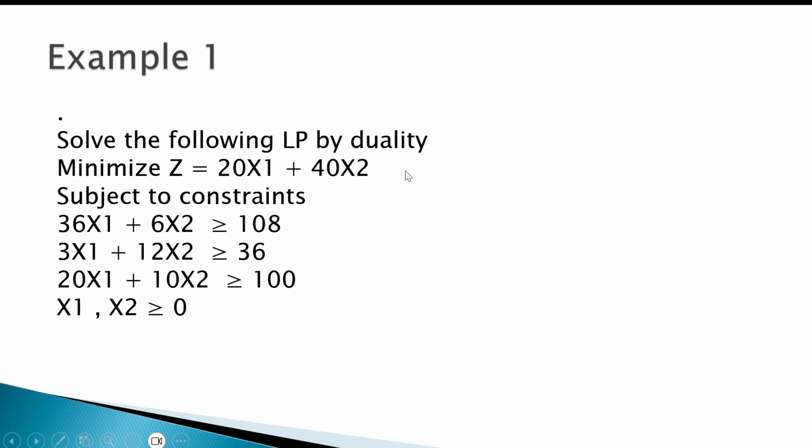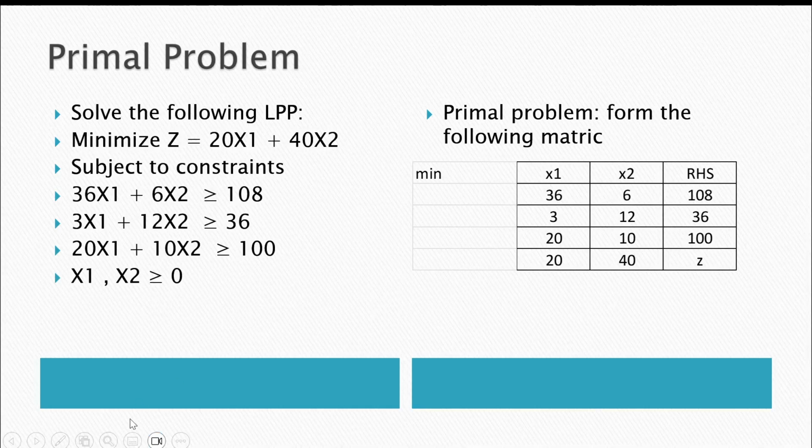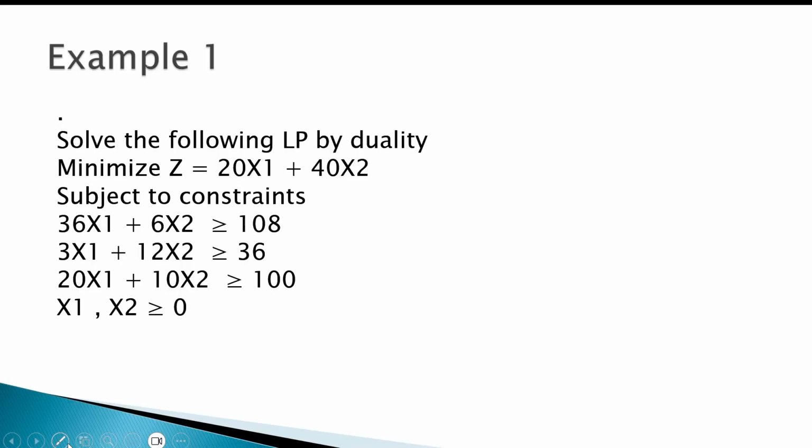Okay, before we look at the duality, let's see why we cannot solve using simplex. If you use the simplex method, then you need to write z minus 20x1 minus 40x2 equal to 0.